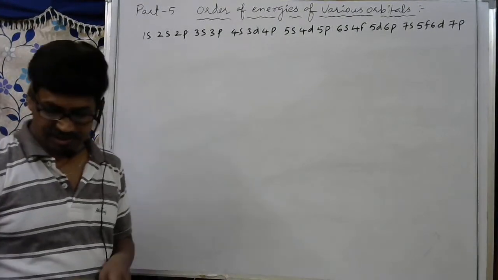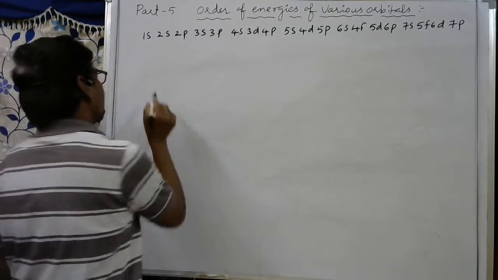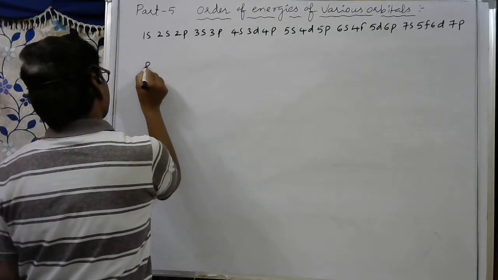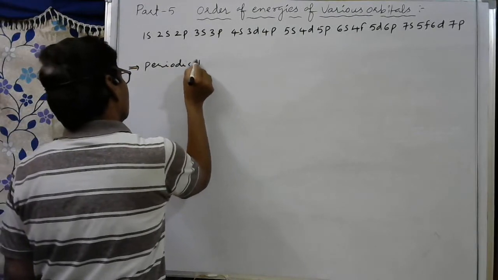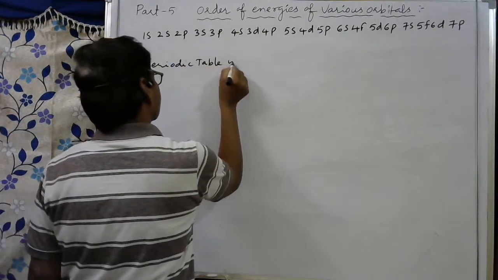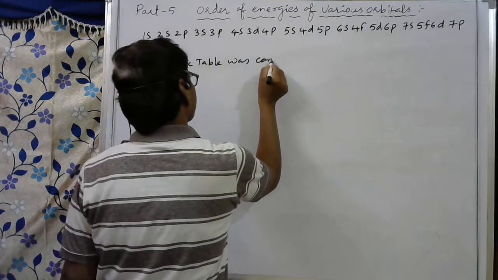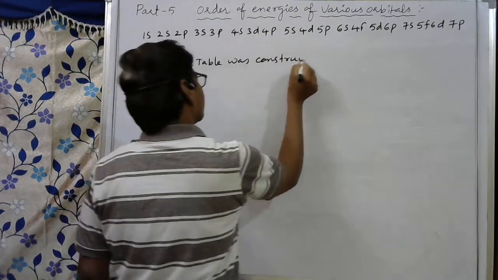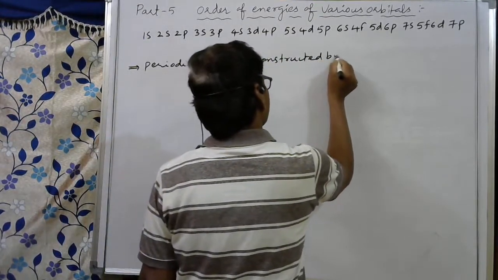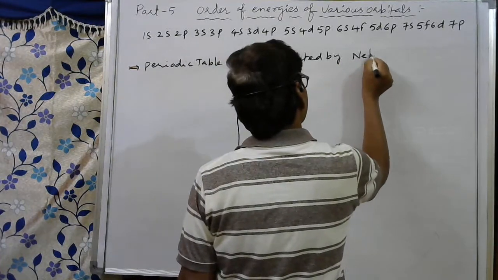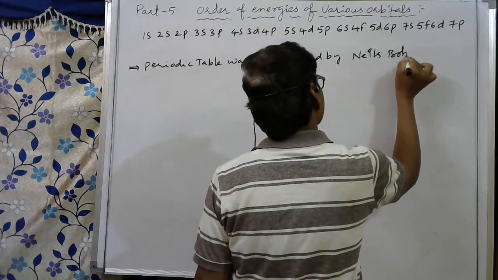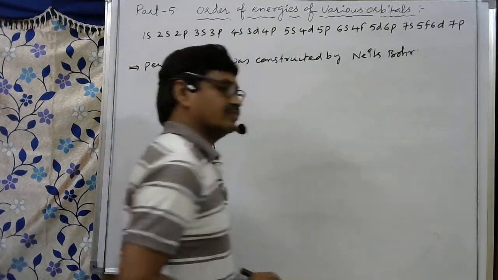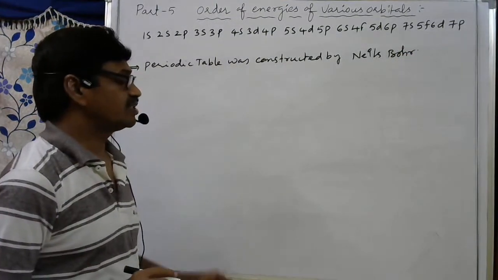The basic information is, and this you should know, the periodic table was constructed by Niels Bohr. Remember, I am writing the scientist's name, Niels Bohr. What is the basis?